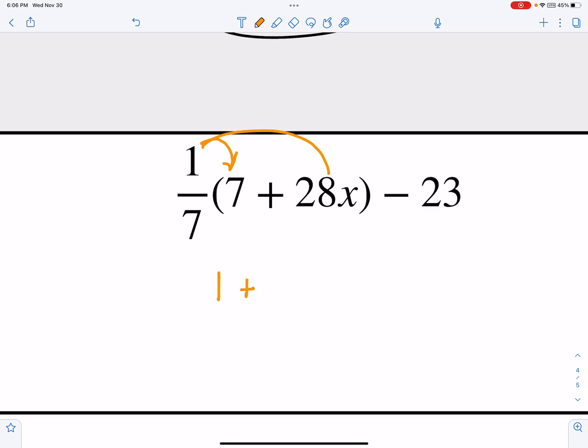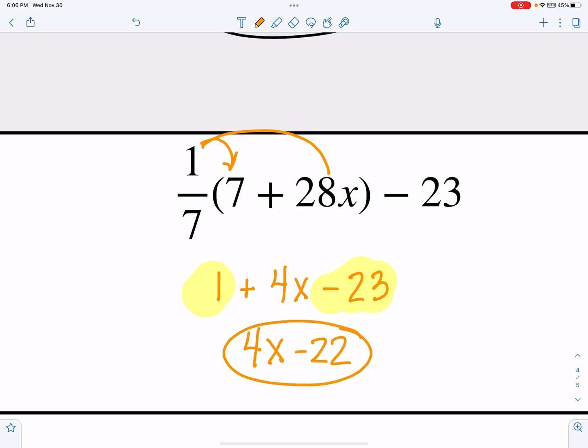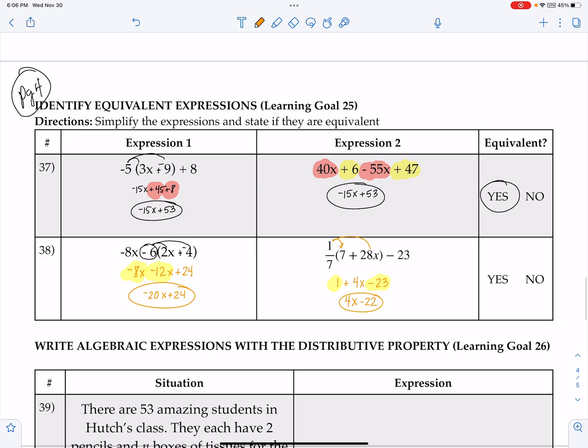Plus, and now I have to do 1/7 of 28, which is also the same thing as 28 divided by 7. And I know that's 4, so this actually isn't that bad. So 4x. And then we bring down our minus 23. Combining like terms, I have a positive constant and a negative constant, which puts me at 4x minus 22 as a final answer. Comparing those, we are not equivalent on those ones.